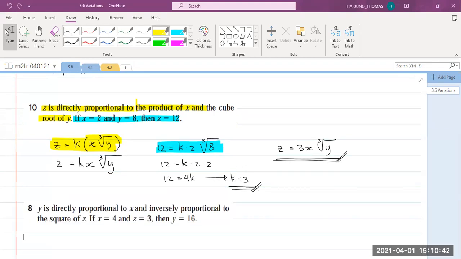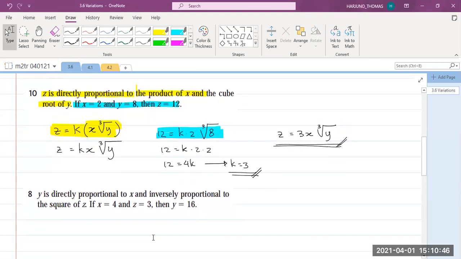y is proportional to x and inversely proportional to the square of z. So y is directly proportional to x means y equals kx, and inversely proportional to the square of z means over z squared.